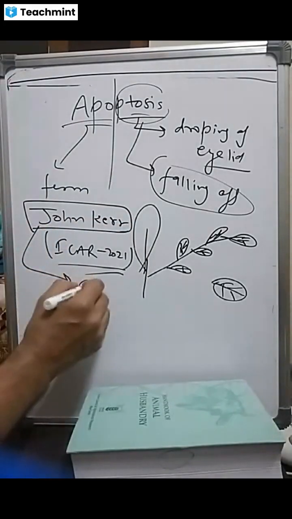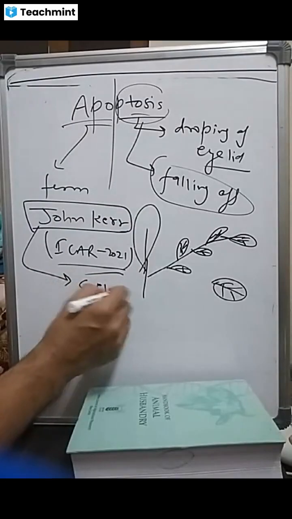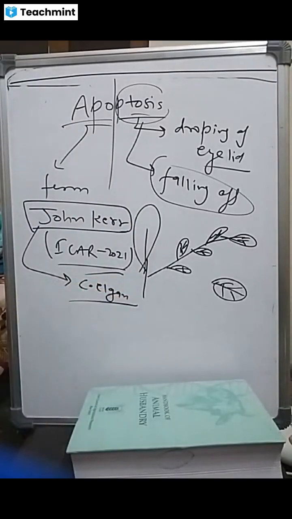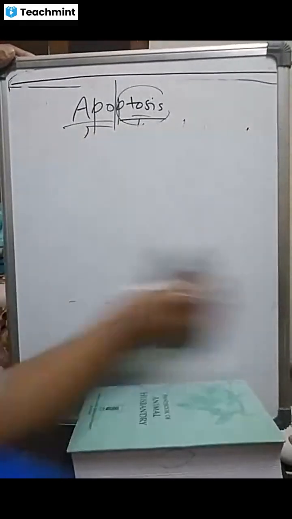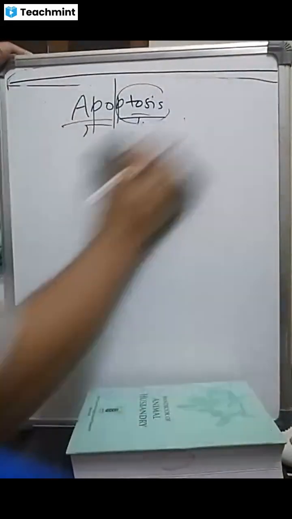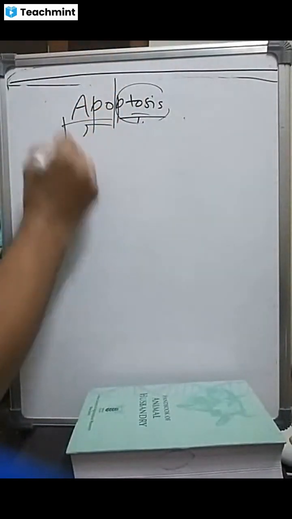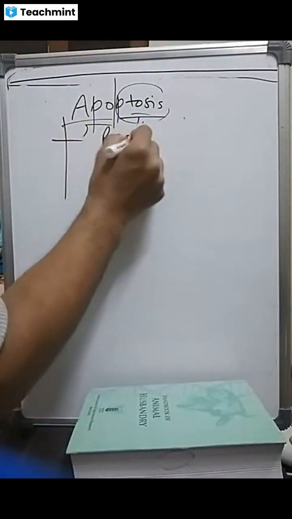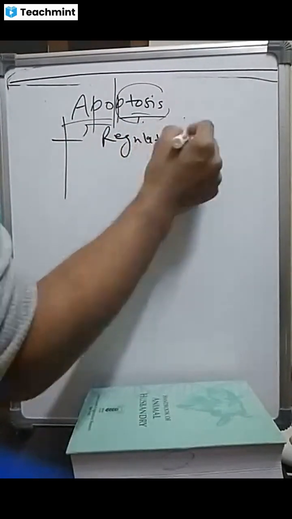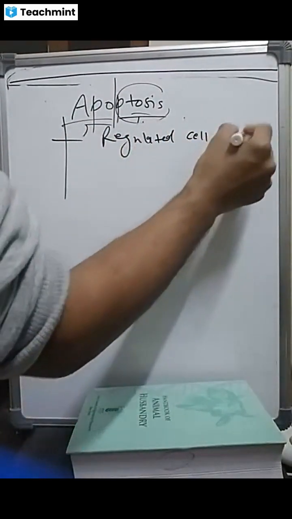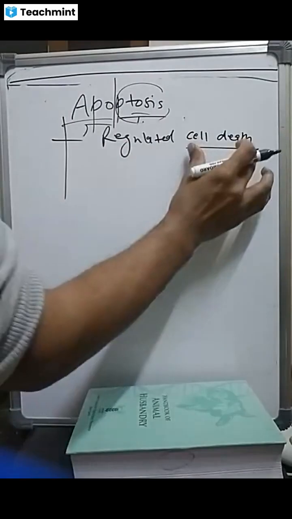While working on one organism, C. elegans. As the meaning of apoptosis is falling away of the cells from the body, this apoptosis is regulated cell death because it is a pattern of cell death.